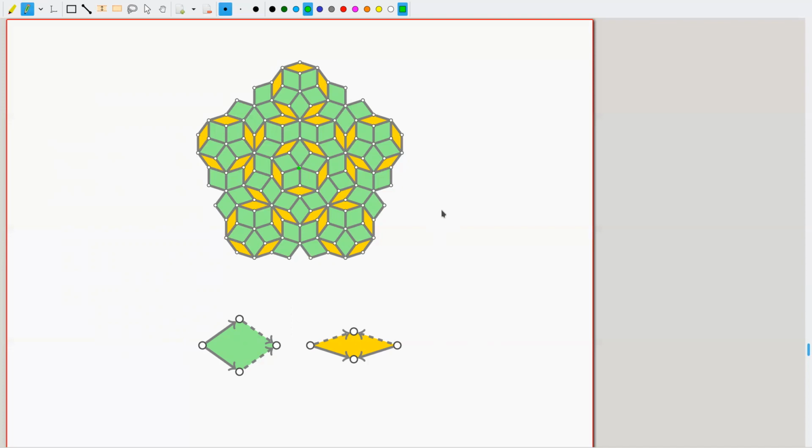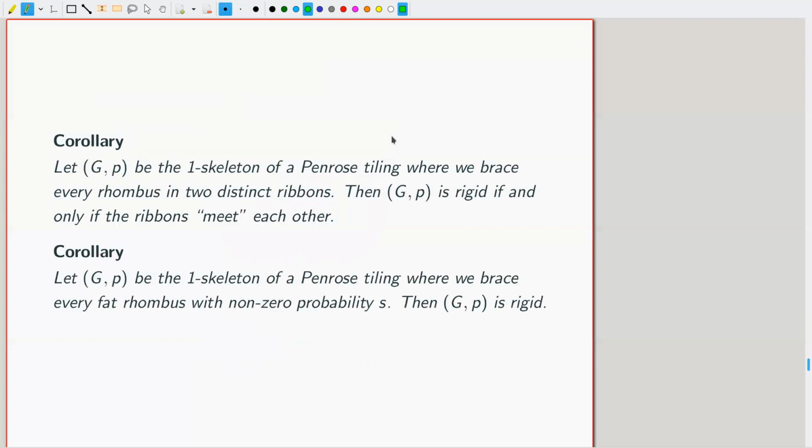So using our theorem, we can give some sufficient conditions for when such a Penrose tiling is rigid. For instance, if we consider two ribbons of this Penrose tiling, then the framework is rigid if and only if these two ribbons meet each other, because if they meet, then the bracing graph of the framework is connected, and using our theorem, it follows that it's rigid.